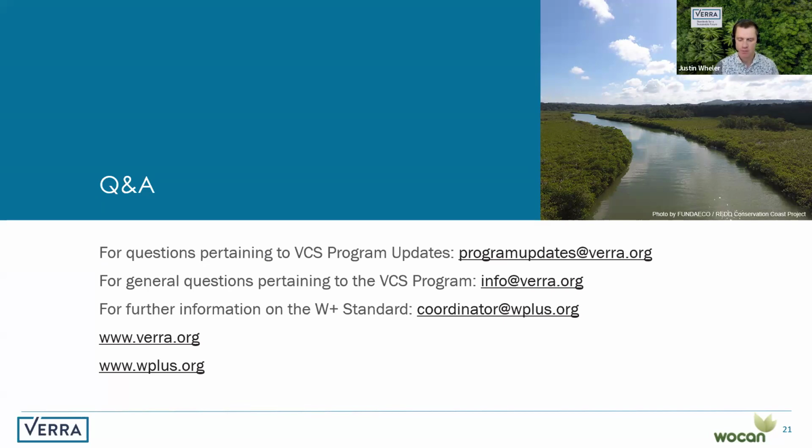This is the reason why we apply labels on VCUs as opposed to on projects, because there could be a period where a project was not assessed under a W+ standard, and then a period where it was assessed. So only the VCUs from the period that has been assessed and certified under W+ will be eligible for the labels. The VCU tracking is the way that you distinguish between those vintages that are certified versus not.